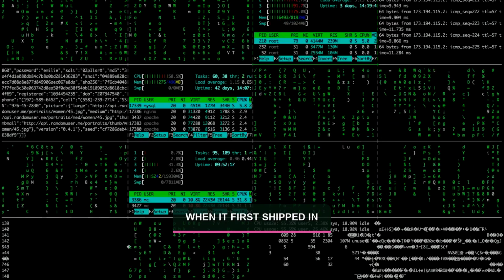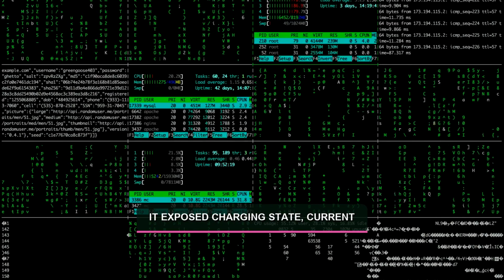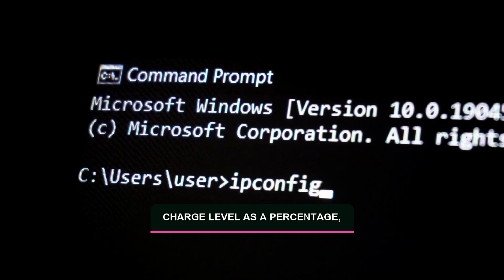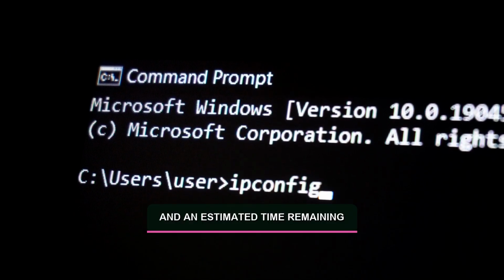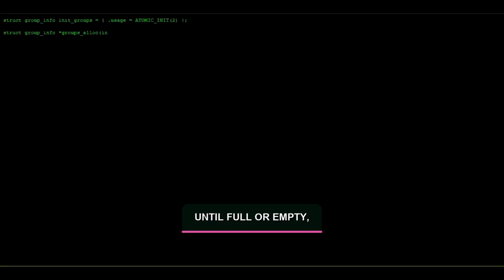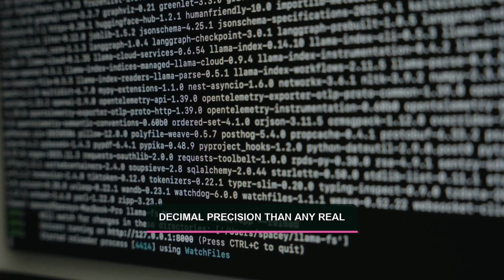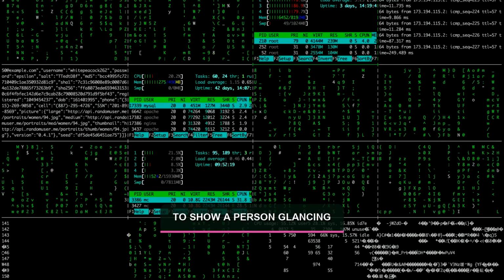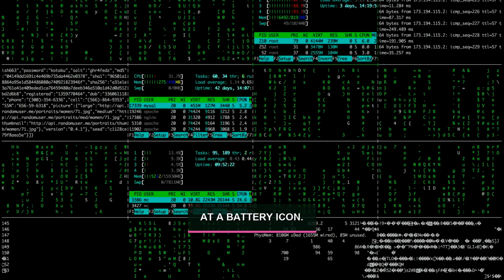When it first shipped in browsers, it exposed charging state, current charge level as a percentage, and an estimated time remaining until full or empty, all reported with far more decimal precision than any real user interface would ever need to show a person glancing at a battery icon.